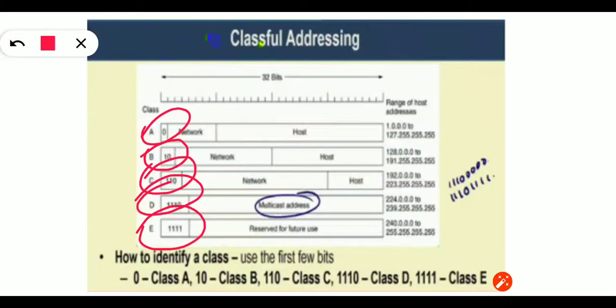So you have a group of machines being identified by a single address, and whenever you try to send a packet, the packet will be delivered to all the machines in that group. Okay, so it is similar to a broadcast mail, or sometimes it is called a multicast mail.